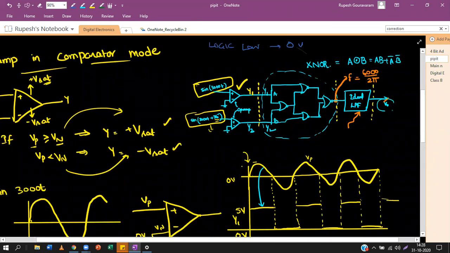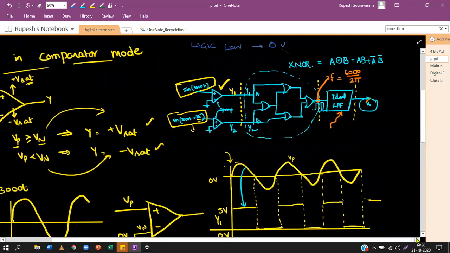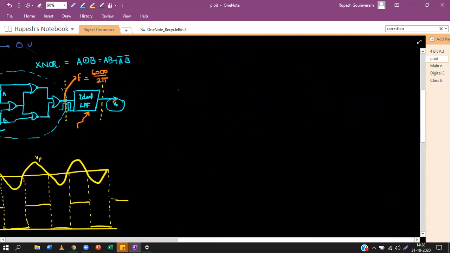And the final output will be what? The final output will be the average value of this rectangular signal, which is the output here. Okay. So let us see what that final output is. The zero frequency value, we have seen, is the final output.